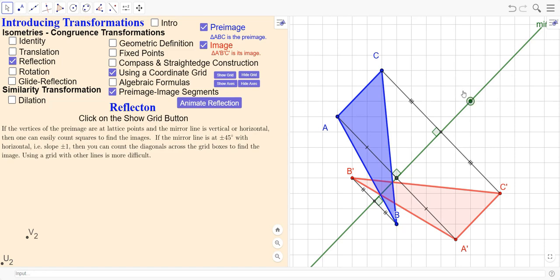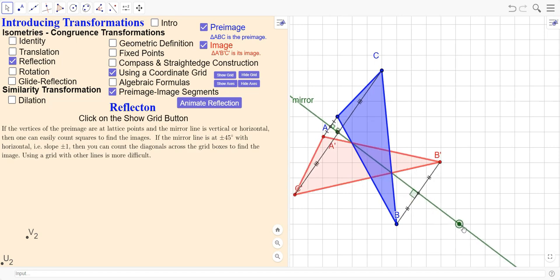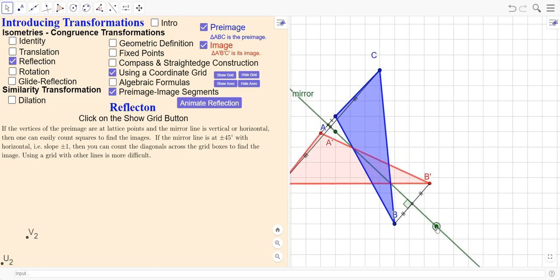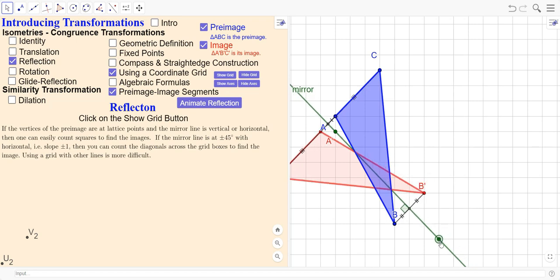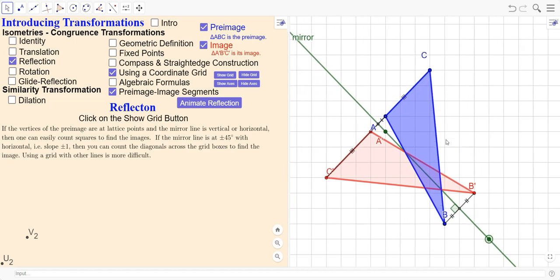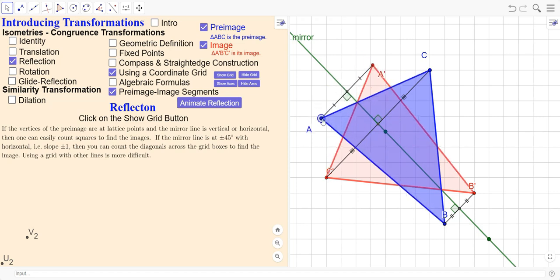And a very similar thing happens if your mirror line has a slope of -1. There's one with slope -1. So again, you can just count the diagonals to see what's happening there.